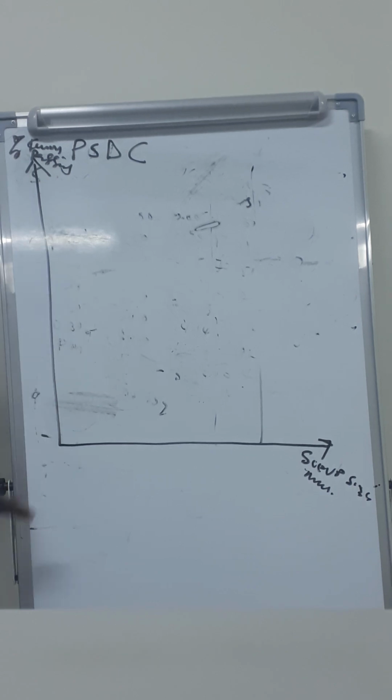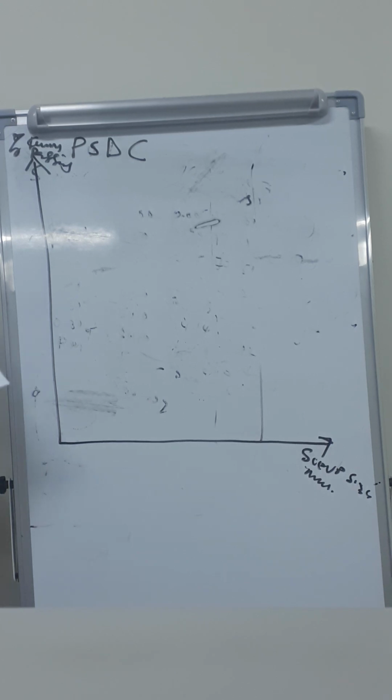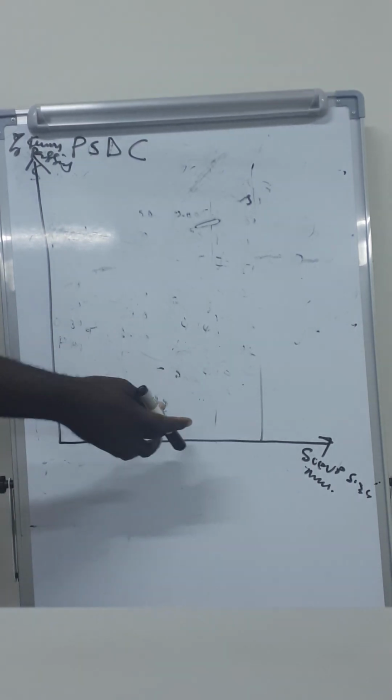So we plot this graph in a linear scale. You can let 2 centimeters represent 10% on the vertical axis, and 2 centimeters represent 1 unit for the x-axis.